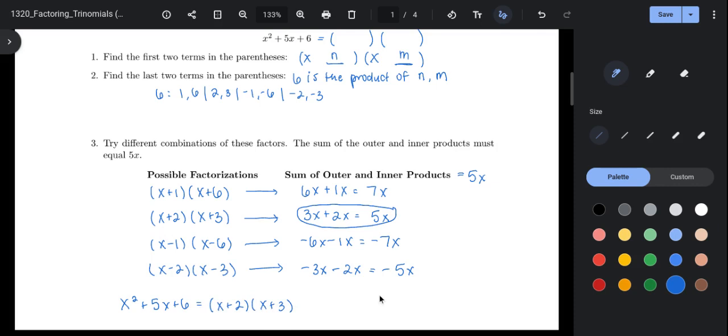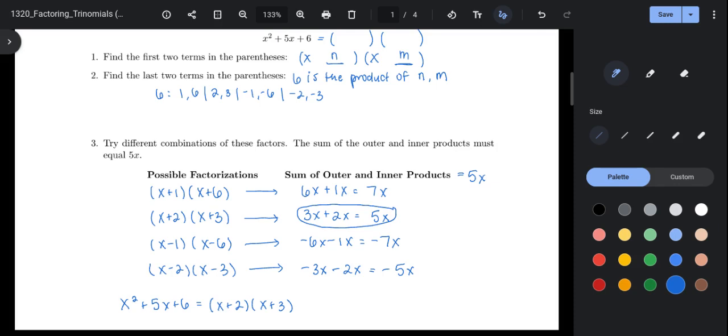And remember, as we had talked about previously in a video, if you're unsure or want to check if your factorization is correct, then you need to distribute and multiply those two factors together and see, do we get the original polynomial back? And we will. So if you'd like to, feel free and check our work using the distribution property.